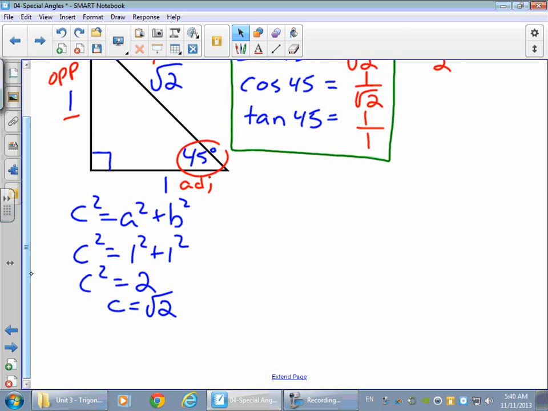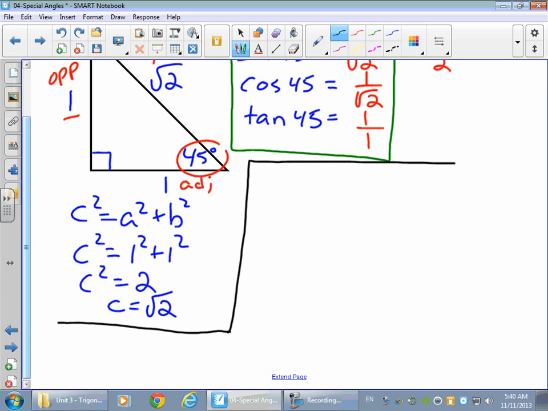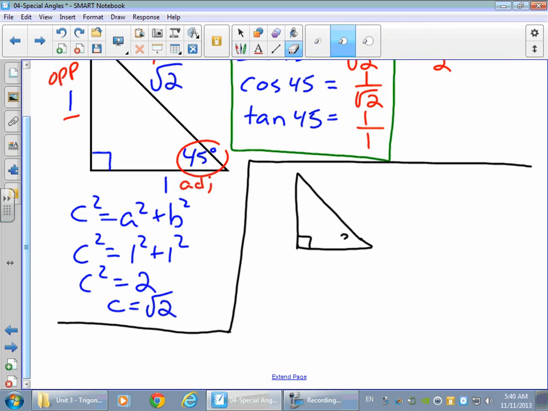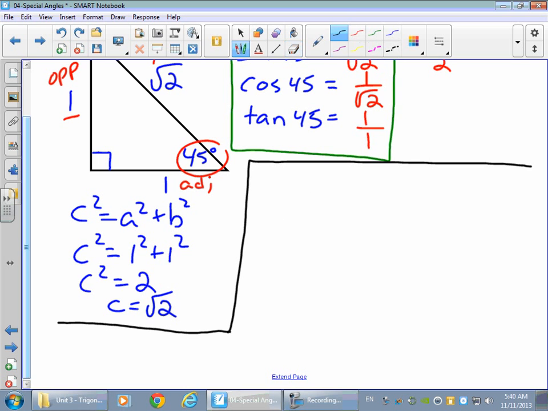Similarly, if I wanted to work with the other special triangle, which is the half of the equilateral, this isn't very accurately drawn, but that's okay. I've got my 60 degrees down here, my 30 degrees up here.